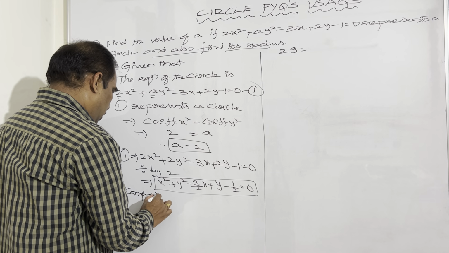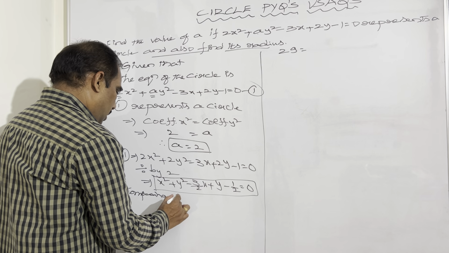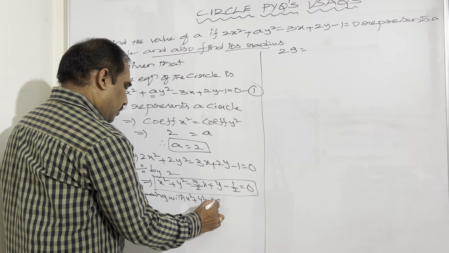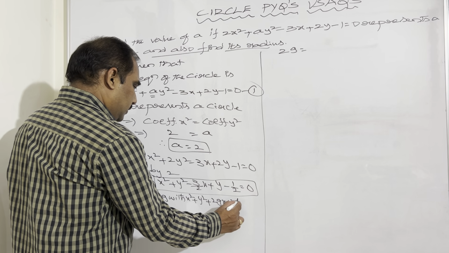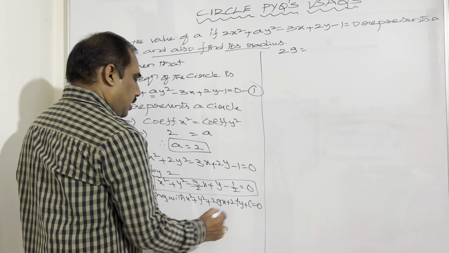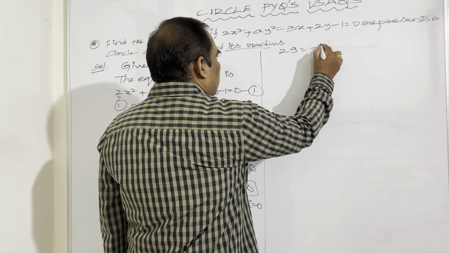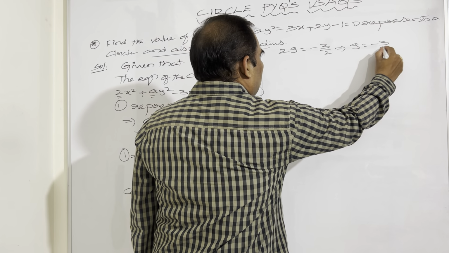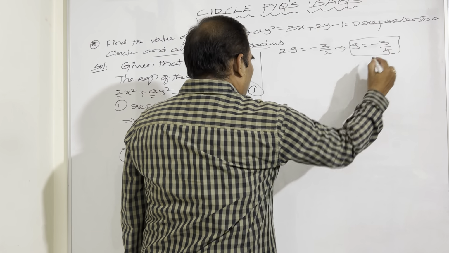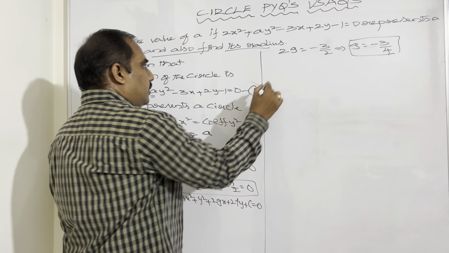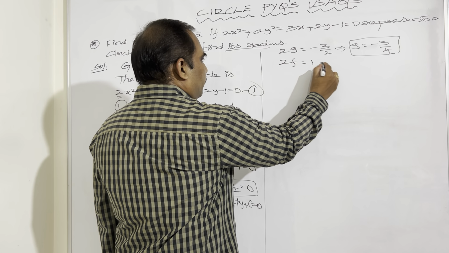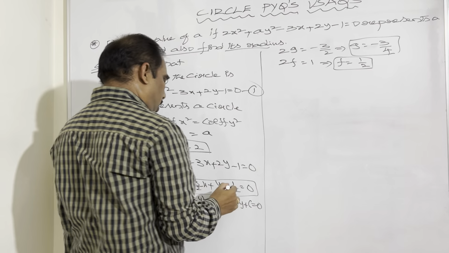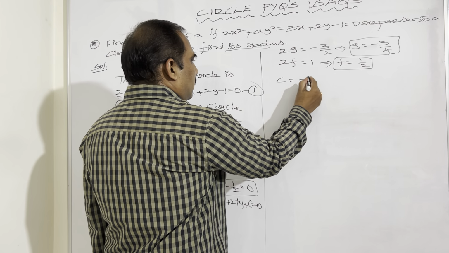Comparing with x square plus y square plus 2gx plus 2fy plus c is equal to 0, we get 2g is equal to minus 3 by 2, from this g is equal to minus 3 by 4, and 2f is equal to 1, from this f is equal to 1 by 2, and the constant c is equal to minus 1 by 2.